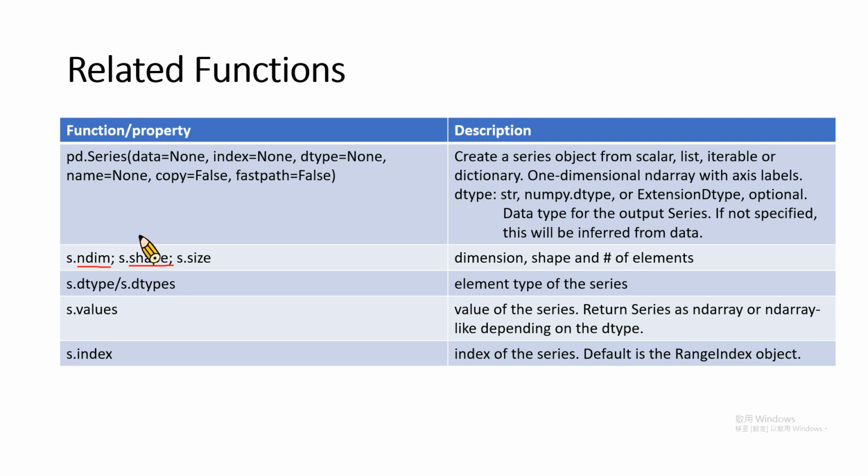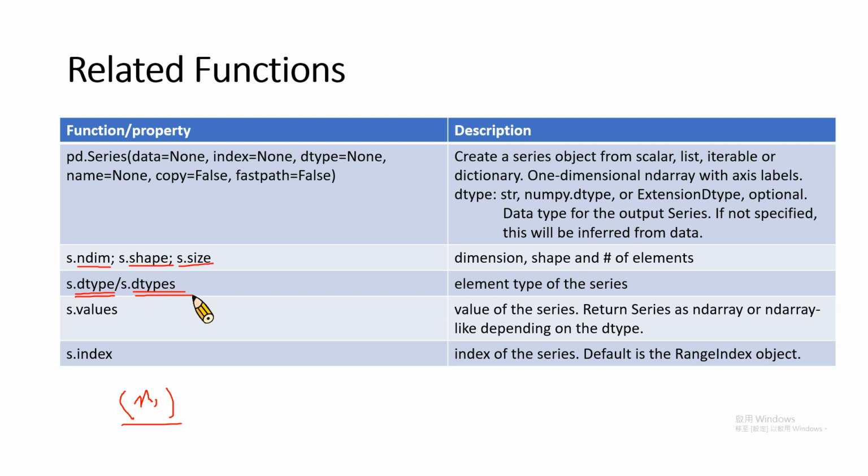Because the series is one dimension, the shape will be like that, only one dimension. Size means the number of elements of the series. This is the data type, the dtype of the series, and this is dtypes.